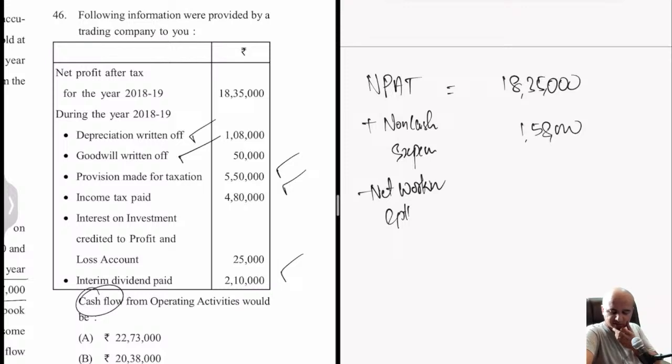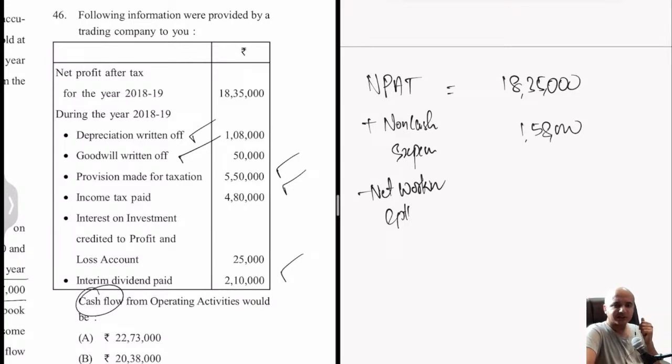Income tax paid is there, interim dividend paid is there. Priyan is saying operating profit, since it is a trading company, so add 25,000. It's already considered, no? 18,35,000 is inclusive of this 25,000.